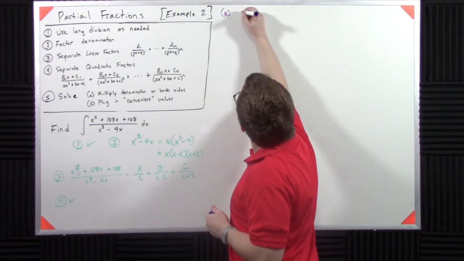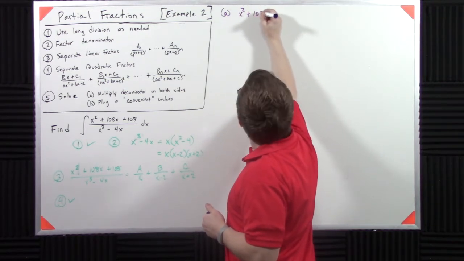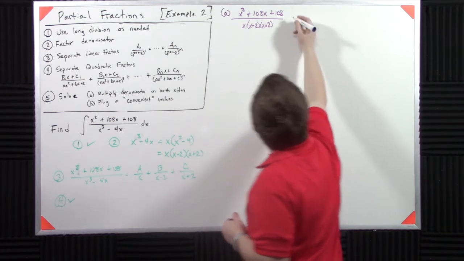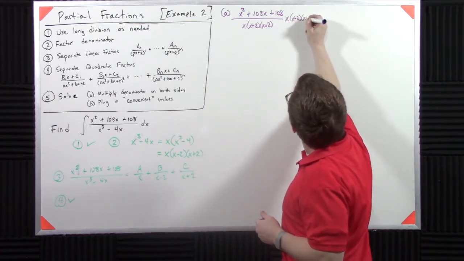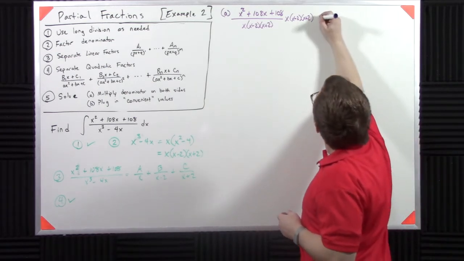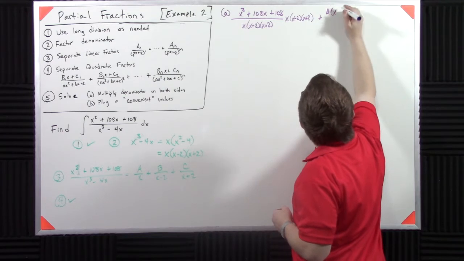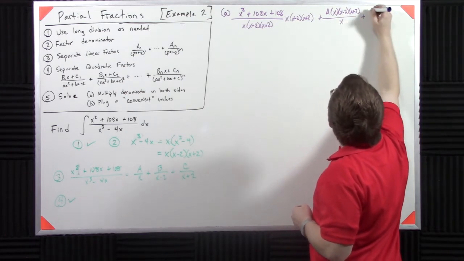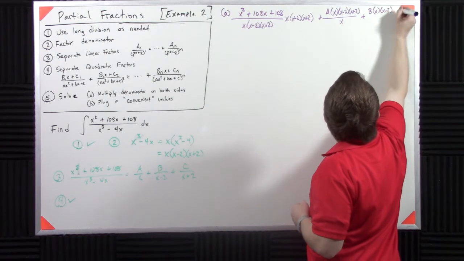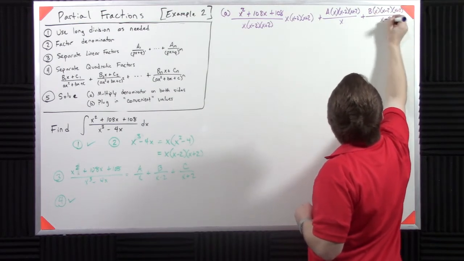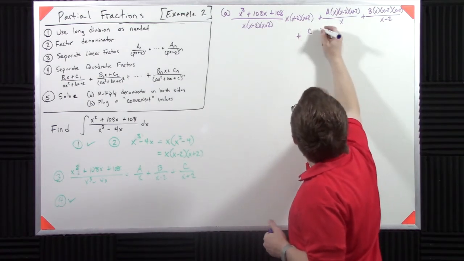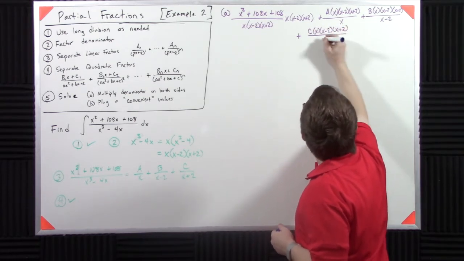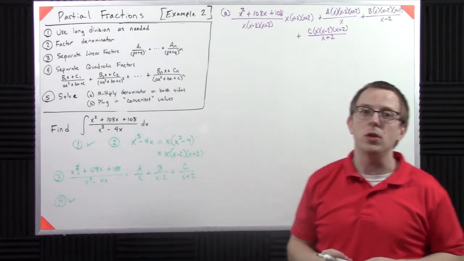So I'm going to say x squared plus 8x plus 108 equals A over x plus B over x minus 2 plus C over x plus 2, all multiplied by the denominator. Then I want to cancel everything that cancels.